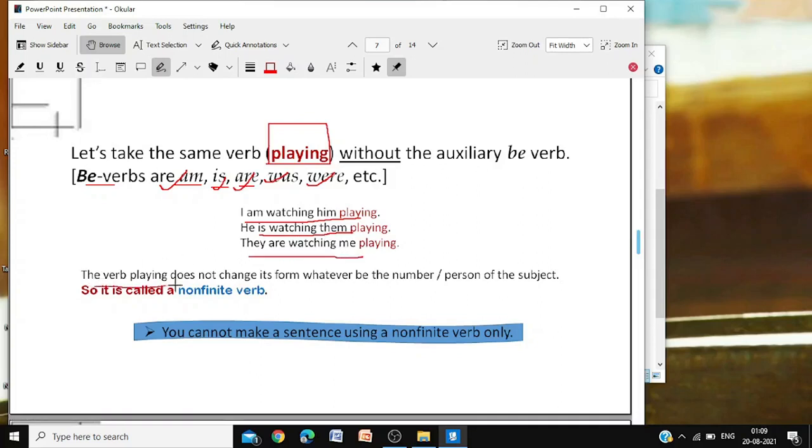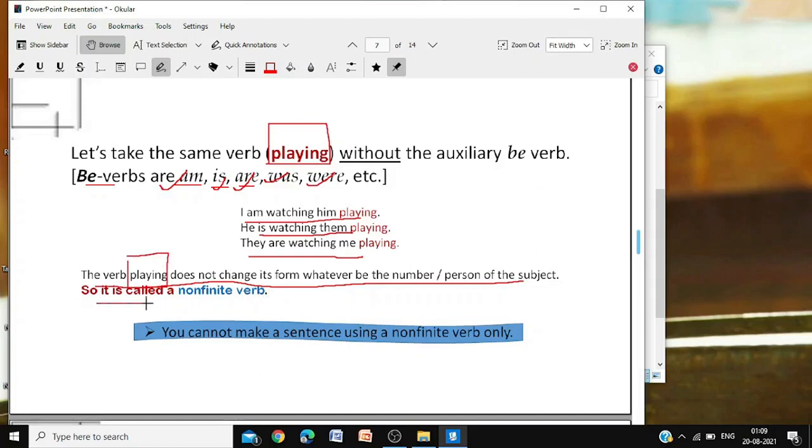The verb playing does not change its form, whatever be the number or person of the subject. I can watch him playing, he is watching them playing, they are watching me playing. But the verb playing does not change its form, whatever be the subject.